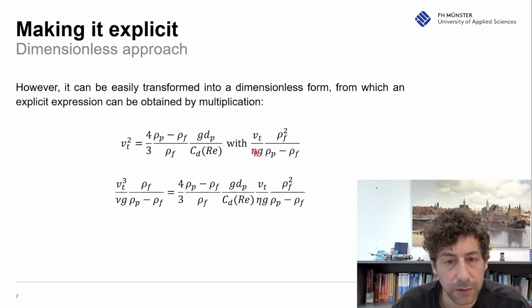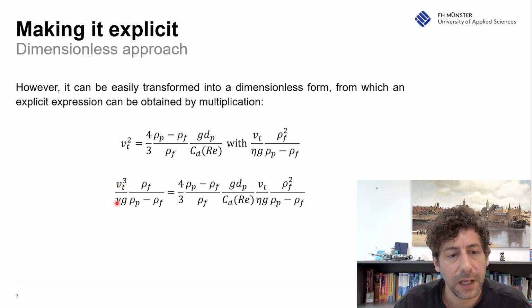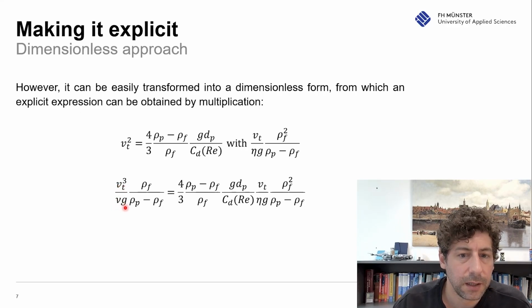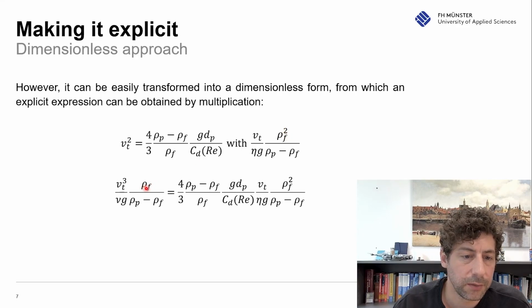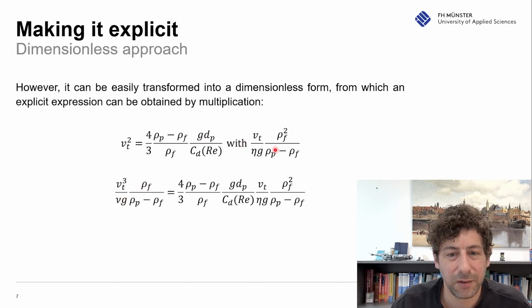The dynamic viscosity and density can both be rewritten as the kinematic viscosity. Be careful because they look very, very similar, right? So this is why I have the index here, and then we have the g, and then we have just one left, right? So here we multiply with density of the fluid to the power 2, and then we have just one left because one was transformed, and then the rest we can just copy and paste.